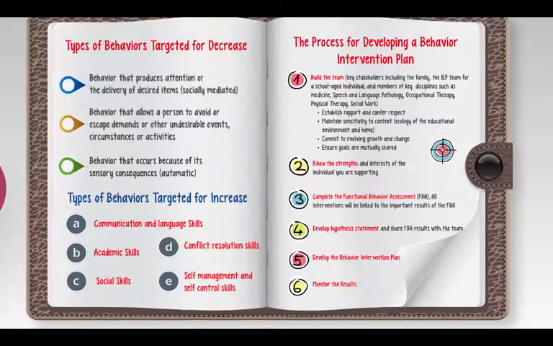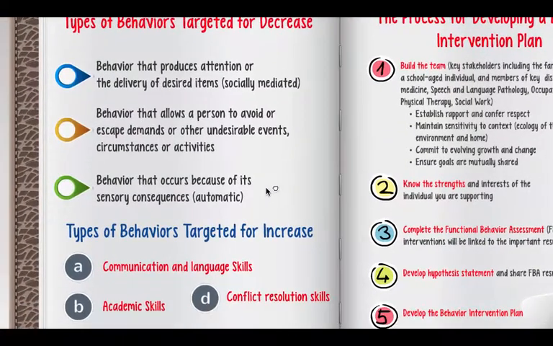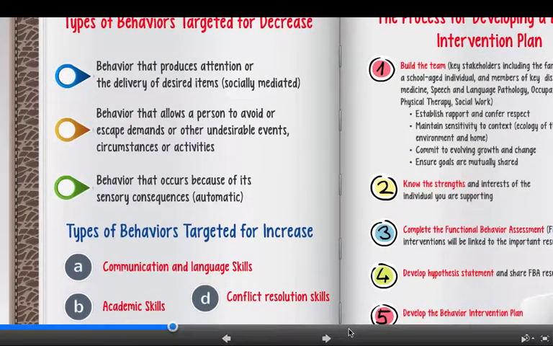Now, with respect to the types of behaviors that will be targeted for decrease in plans, there'll be behaviors that produce attention or the delivery of desired items. So, for example, a person may engage in maladaptive behavior because they're attention seeking. And I just want to remind you, when we're talking about attention, it could be non-verbal in nature.